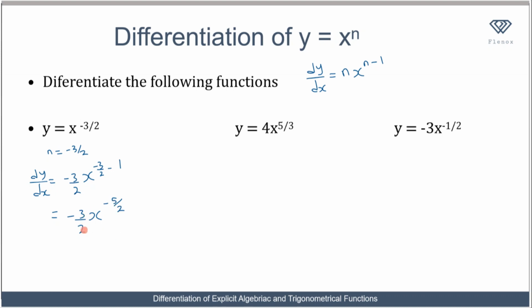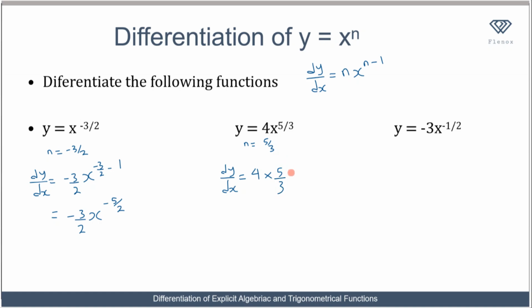So this is the differentiation of this function. Now in this case, the value of my n is what? My n here is 5 over 3. So I can work it out. My dy dx is equal to, I have a 4, then I multiply it by, I bring my n down, and my n in this case is 5 over 3.